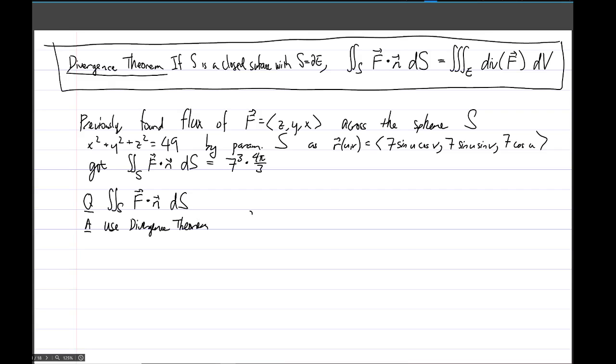S itself happens to be the boundary of a three-dimensional region E. What is E? It should be the solid sphere, or the solid ball is really the word that's actually used. Just to describe it first in notation: x squared plus y squared plus z squared less than or equal to 49.